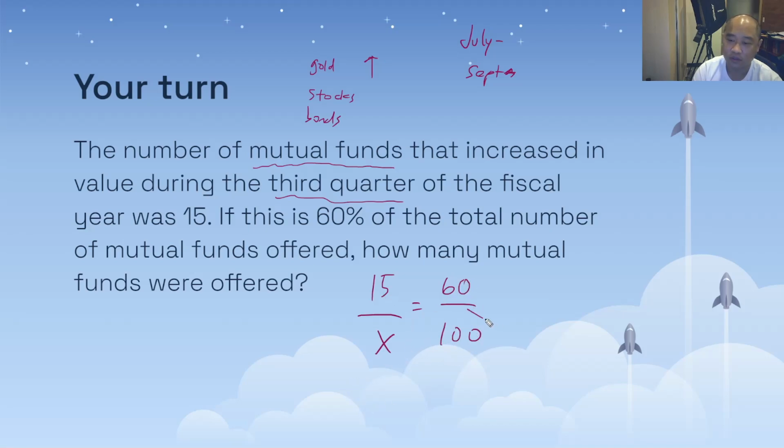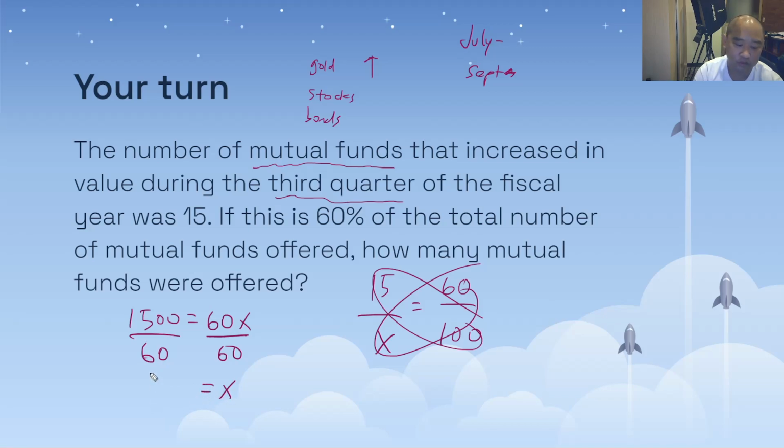So cross multiply. I'm going to do it over here. 1500 equals 60x. Divide by 60. x equals 25. 25 mutual funds. So this question is asking how many mutual funds, right? So the answer is going to be 25 mutual funds.